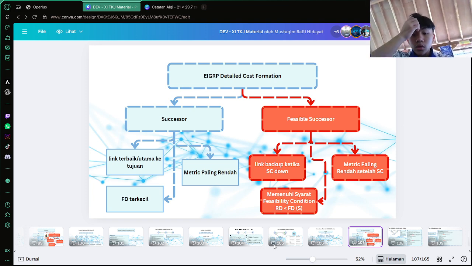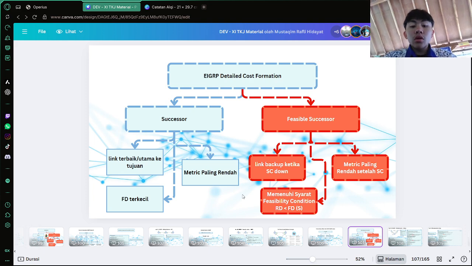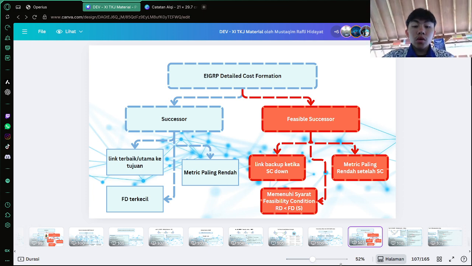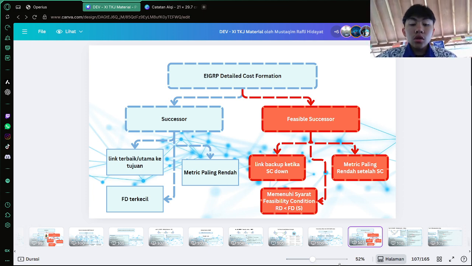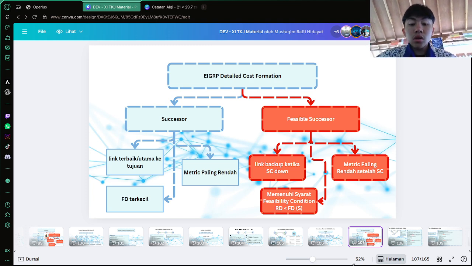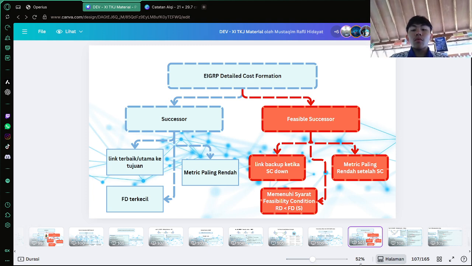Two-tier path classification. The first is the standard successor or blue path, and the next is the feasible successor or red path. The standard successor has three points: the first is the primary route to destination, the second is the lowest metric path, and the last is immediately usable for forwarding.